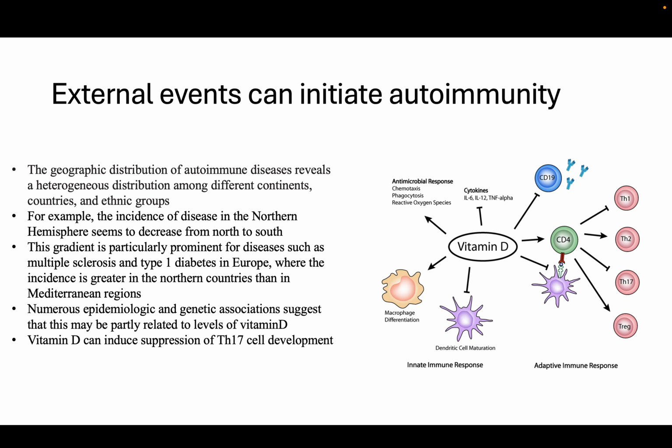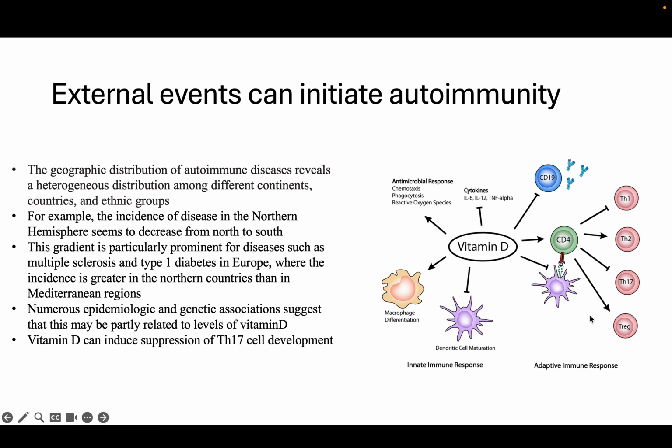Another one is vitamin D, and they've seen this a lot. People coming from the north of Europe, like me from Finland, have a much greater predisposition for autoimmune diseases compared to people from Mediterranean countries like Lebanon, Spain, Greece, Portugal, Italy. These people get a lot of vitamin D from the sun, and they do not have so many autoimmune diseases like MS or type 1 diabetes. Vitamin D has a very beautiful action in our immune system.